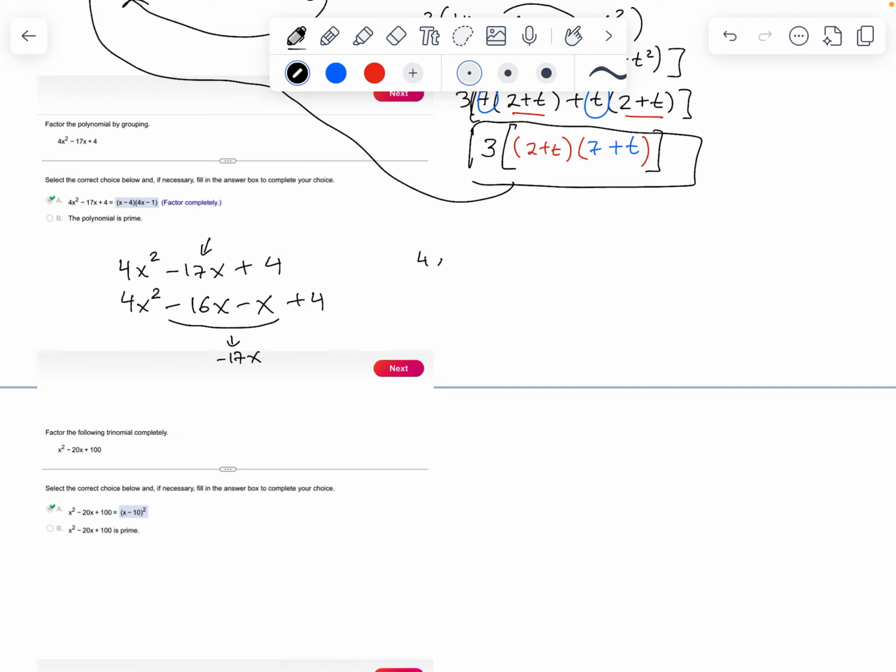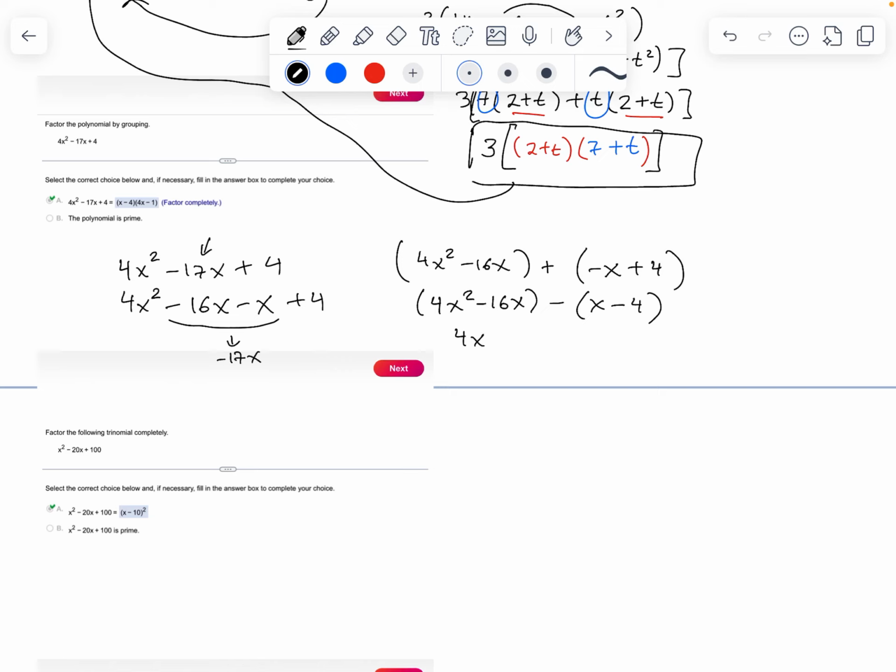Alright, from there we'll do the grouping once again. 4x squared minus 16x plus, make sure the x is carrying that negative in front of it, and then from there we can pull out the negative. Everything else changes the sign inside when we do that.